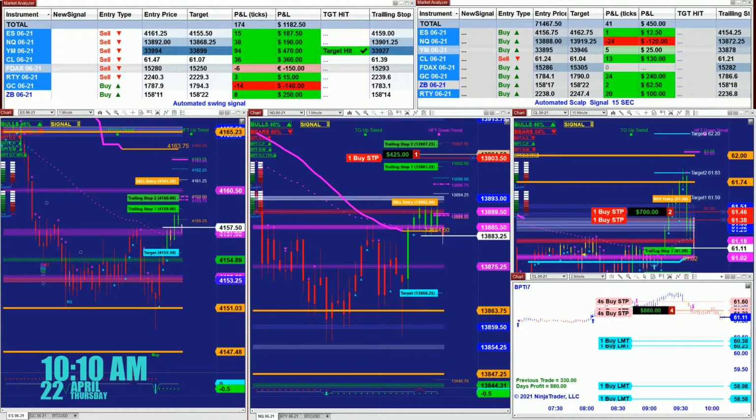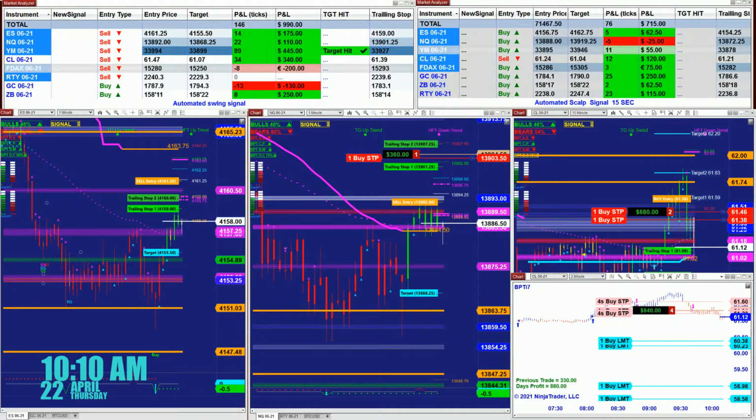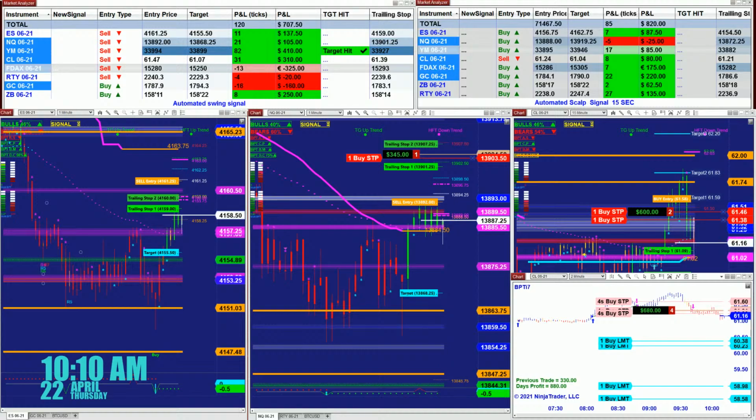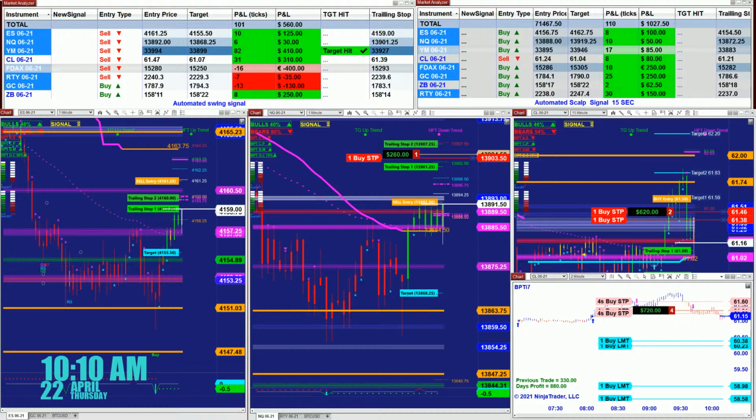And as expected, the Nasdaq is not gonna survive, and it has started dropping and losing momentum as expected. And now the ES is probably gonna do the same once it hits the 41.60. So let's keep our eye on those. This is a very choppy area here, and you don't want to get into those chop areas.